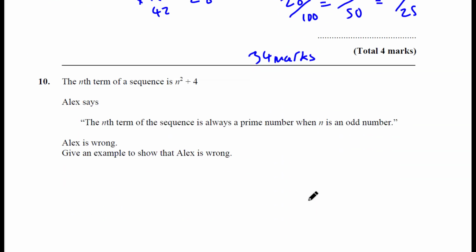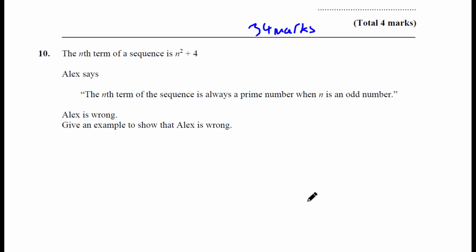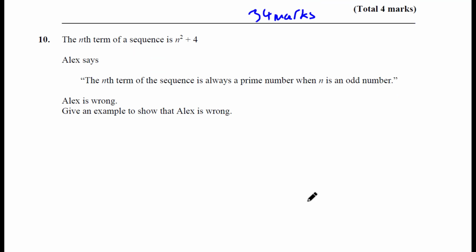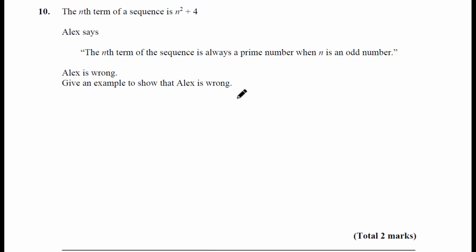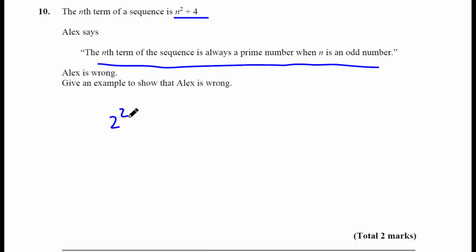And let's do question 10. Hitting this will hit our grade 6, because this is worth 2 marks. Nth term of the sequence is n squared plus 4. Alex says this. So how would you do this one? Well, you just try some examples. So let's just try two squared plus 4 equals 8.